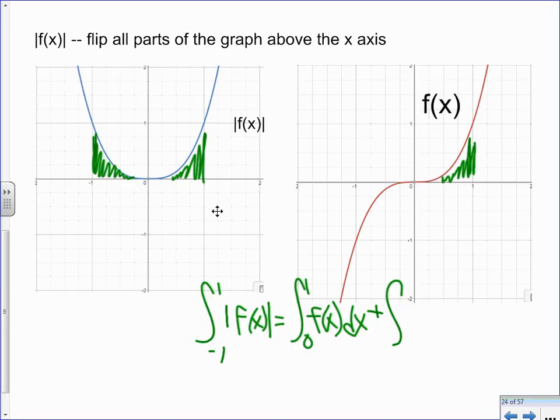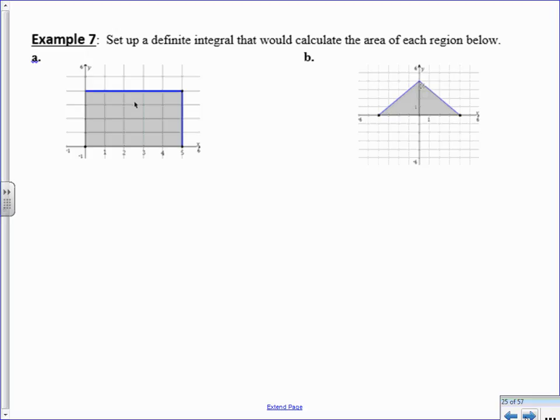So we just need to put that into our equation, and we flip a curve over the x-axis by doing -1 times that curve. So this section from -1 to 0, we need to do the area under negative f of x. Now you could write this in a couple different ways. You could make it integral from 0 to 1 of f of x and then do minus integral from -1 to 0 of f of x, or you can leave the negative sign in here. Either way works. All right, let's move on.